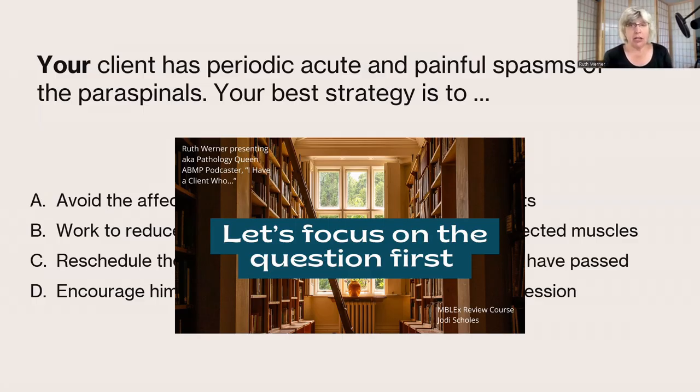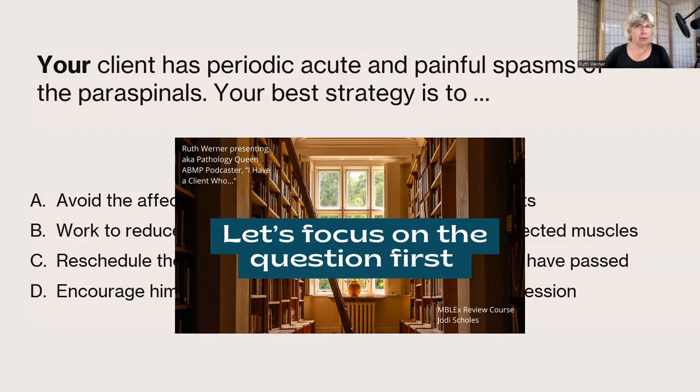Your best strategy, before you look at these distractors, is to form in your head what you would do if your client comes in. If you've worked in a student clinic or with your friends, you've probably had this happen. I'm getting a massage today, where I will be talking about periodic, acute, and painful spasms of the paraspinals. So think for a minute about what you would do.